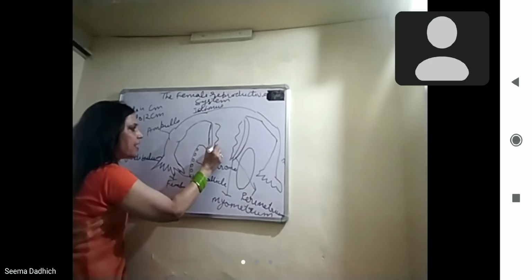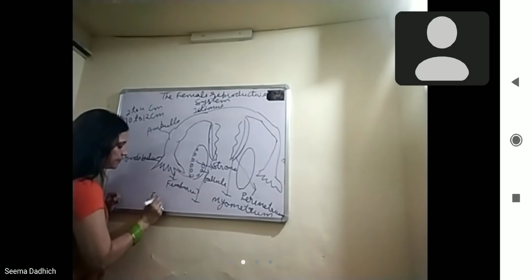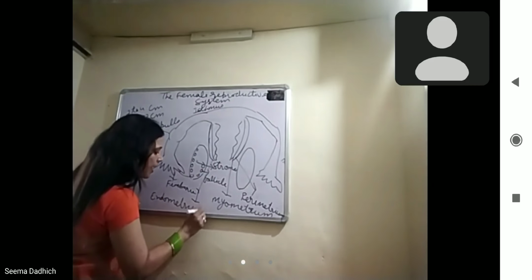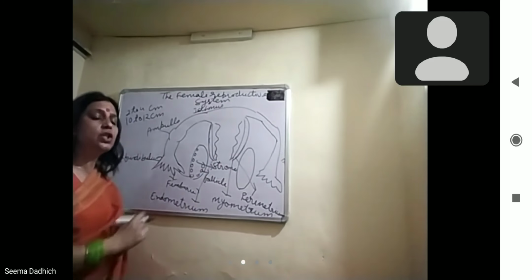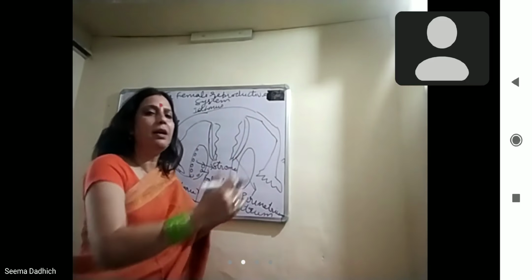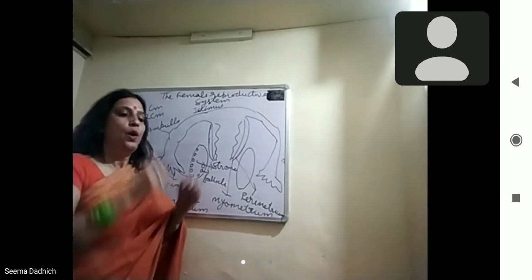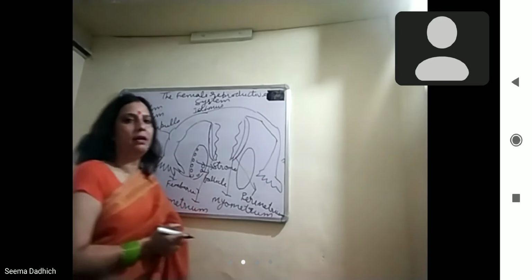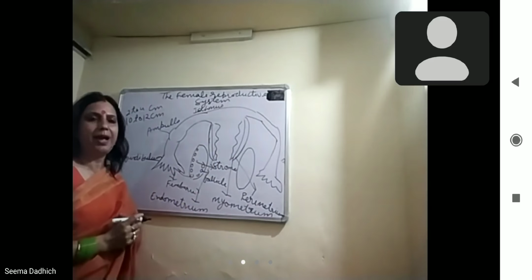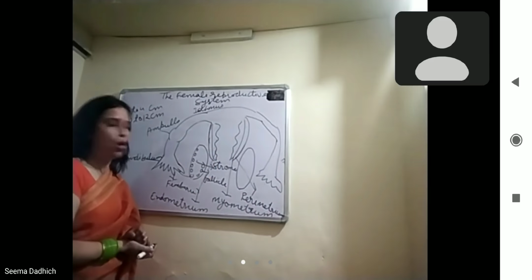The innermost layer is called the endometrium. The endometrium has connective tissue, glands and blood vessels. During the menstrual cycle, cyclic changes take place in the endometrium. The endometrium breaks down and reforms again.